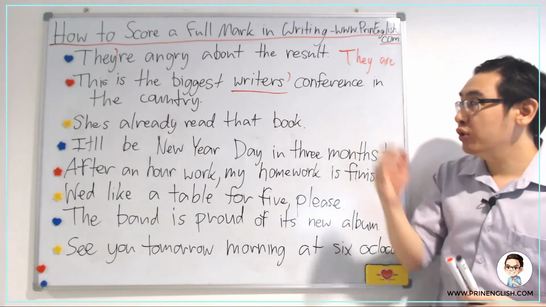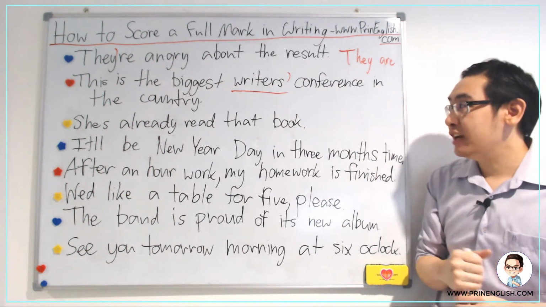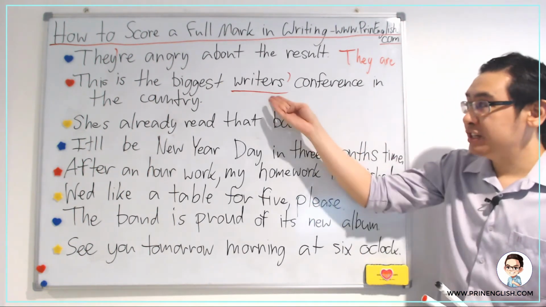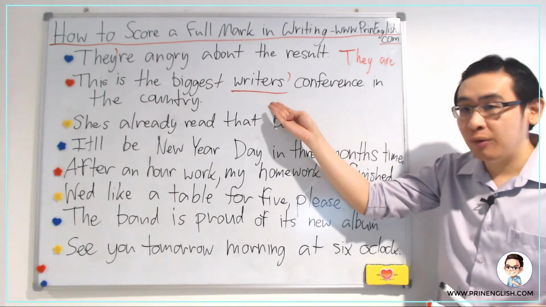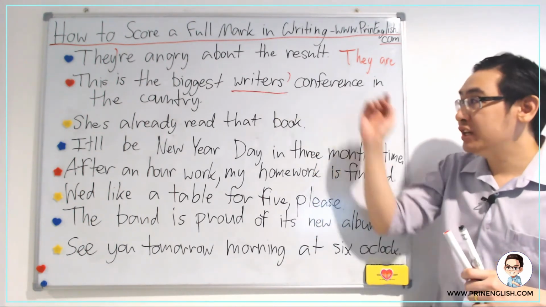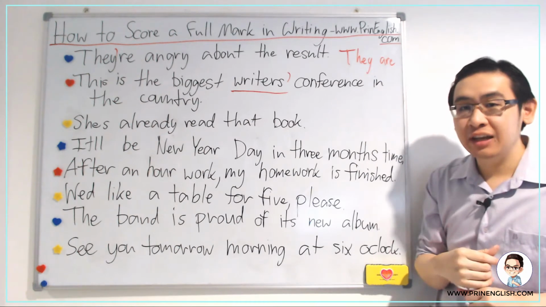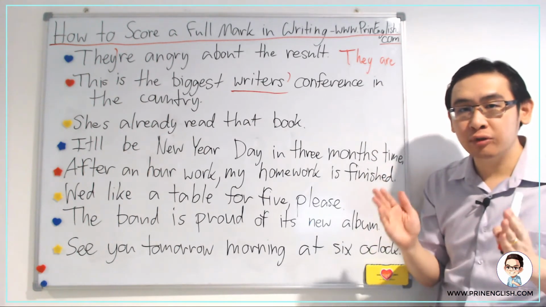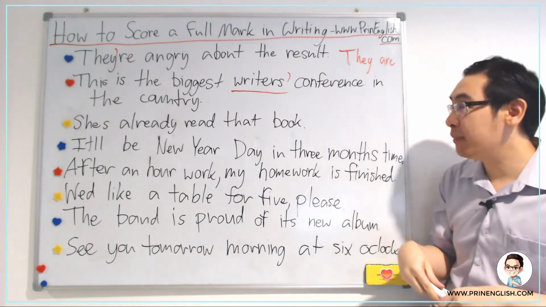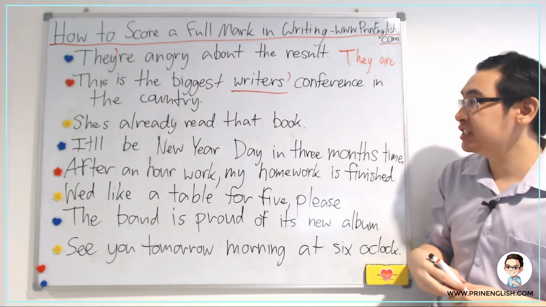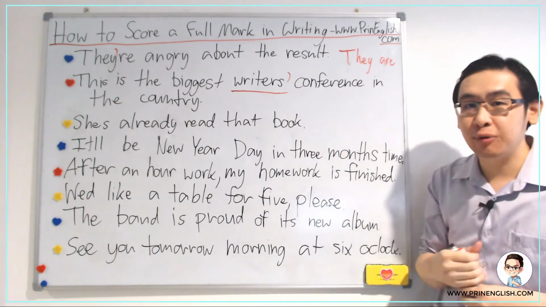So we just put in an apostrophe after the S because writers is plural, right? And if you want to show possession, we just need to add an apostrophe in the case of a plural which ends with an S, okay? But if it's singular, maybe writer, then you need apostrophe S.